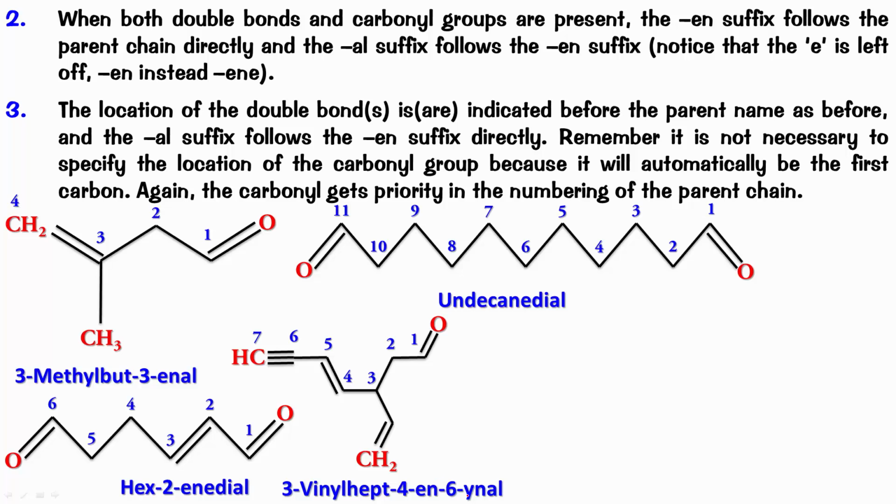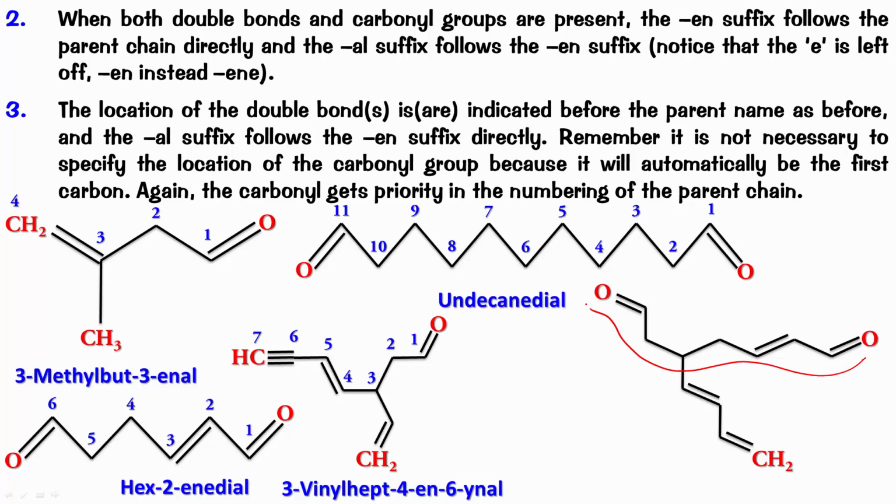Okay. Try this one. Pause, name and play. Obviously, I must include the two aldehyde carbons. There's only one way. This is the way. And this is the substituent. So let's number the parent first. We must give the lowest number to the double bond now. So it's starting from the right side. There are 7 carbons. Let's number the substituent.